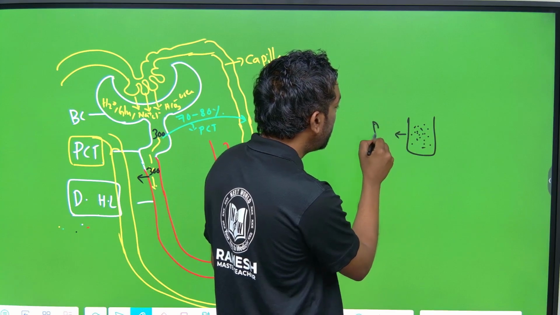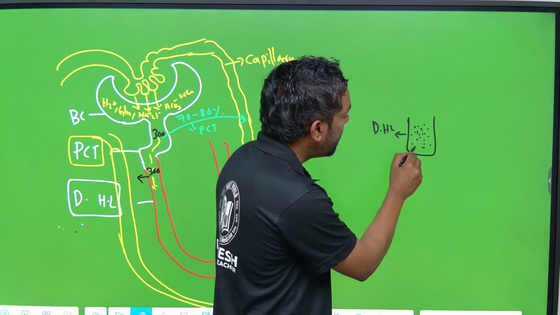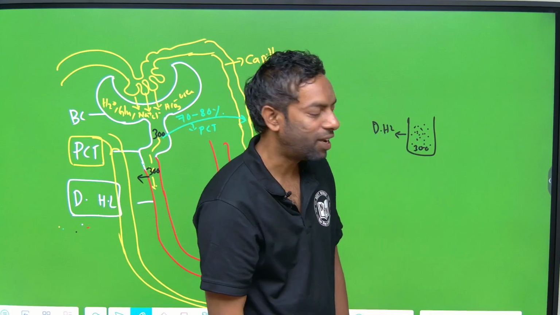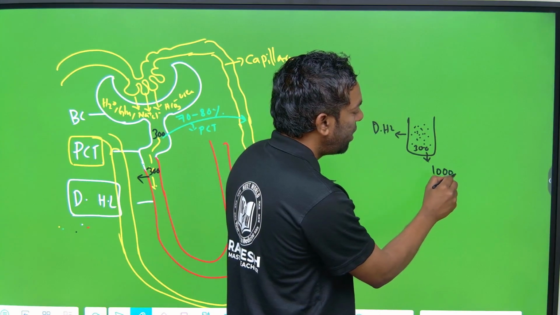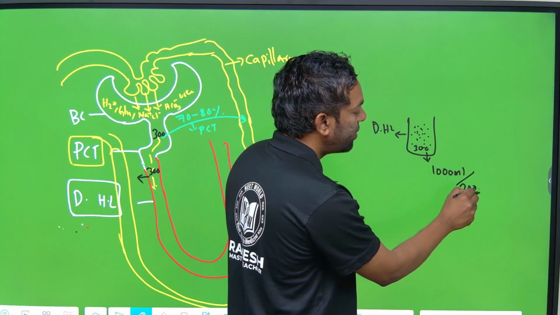In the descending Henle limb, the ion concentration is 300 per 1000 ml of fluid. 300 ions are there.